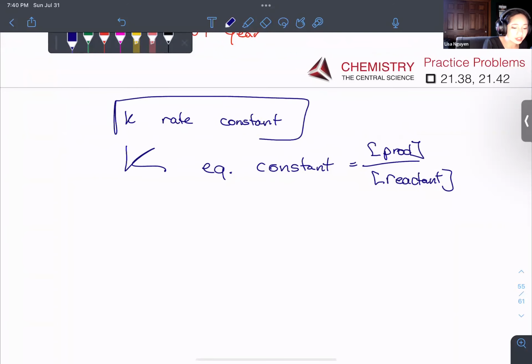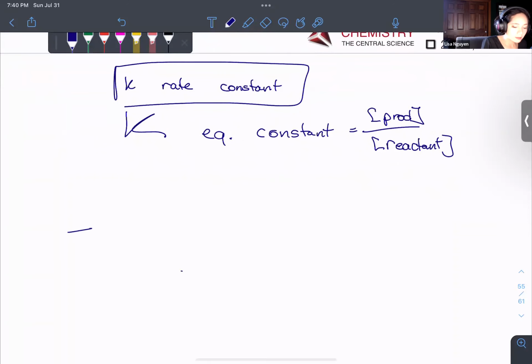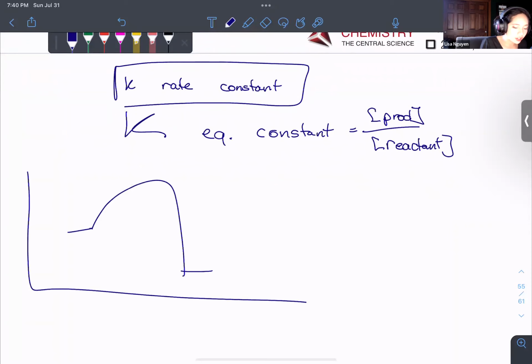We learned about this first in chapter 14 on chemical reaction kinetics: based upon the reaction coordinate, with reactants over here and products over here, your rate constant is related to your activation energy from forward to reverse.